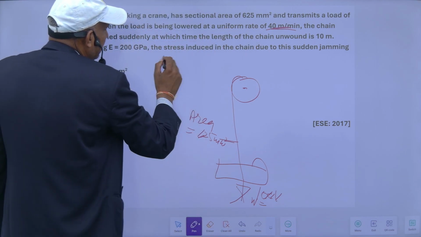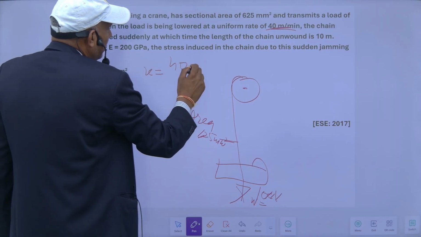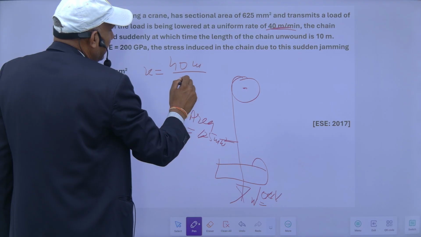This rate is length upon time, so this is nothing but a velocity, 40 meter per minute.